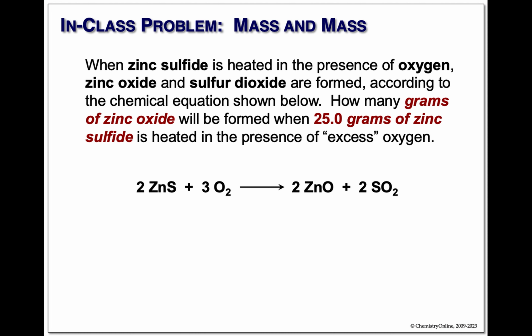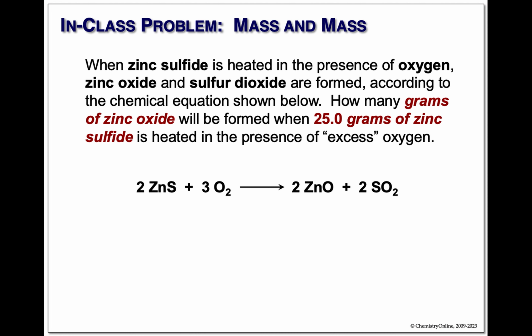So, here we have zinc sulfide reacting with oxygen to give zinc oxide and SO2. Again, the equation is nicely balanced. We're looking for a mass of zinc oxide, that's this, and we have 25 grams of zinc sulfide. So this is going to be X, that's going to be given.